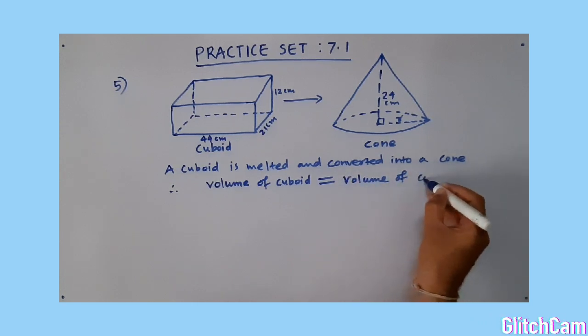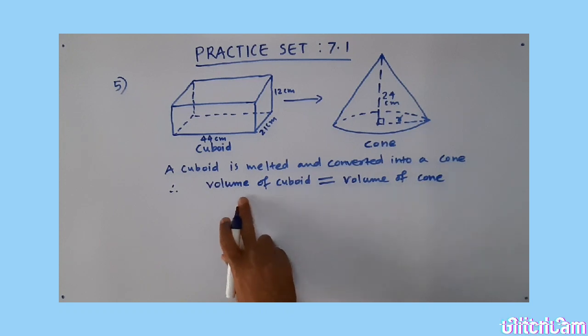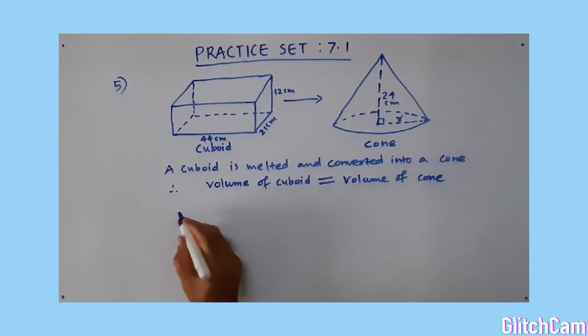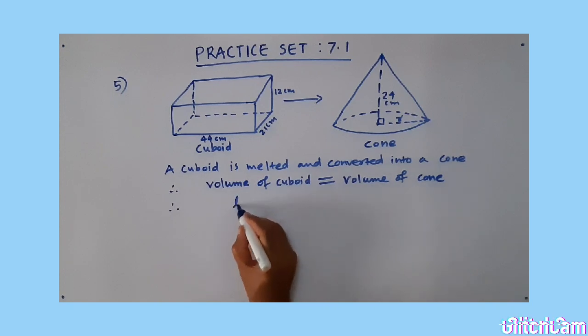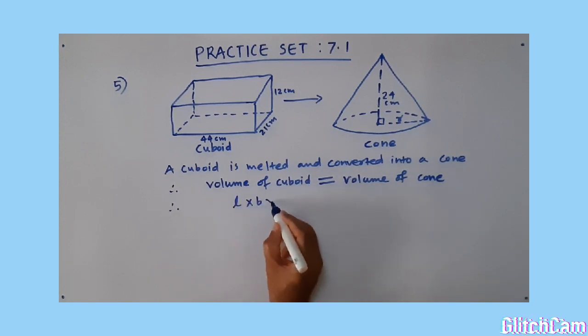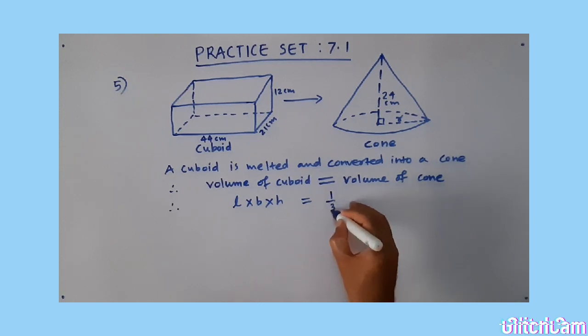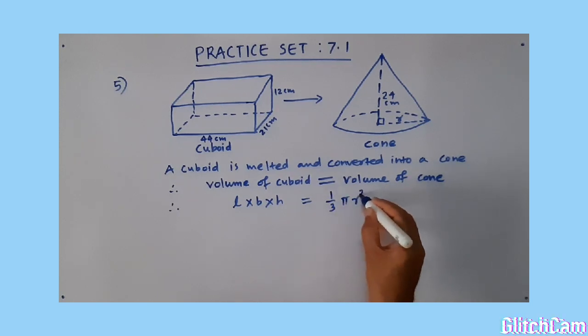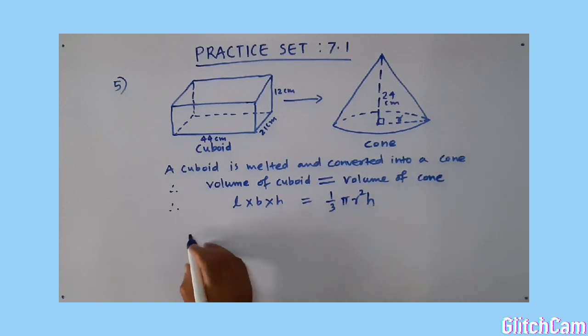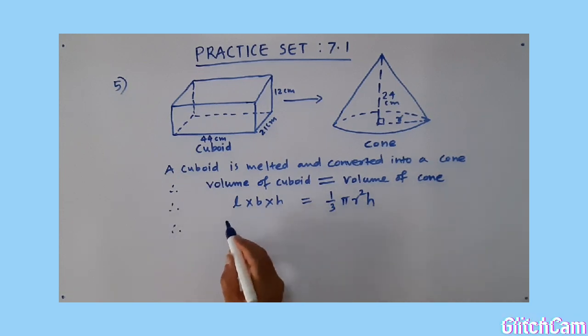Now you need to remember the two formulas, one is the volume of cuboid, the other is the volume of cone. What is the volume of cuboid? You know, it is L into B into H. And what is the volume of the cone? It is 1/3 pi r square H. Understand? Now put the values. Simply we have to put the values.